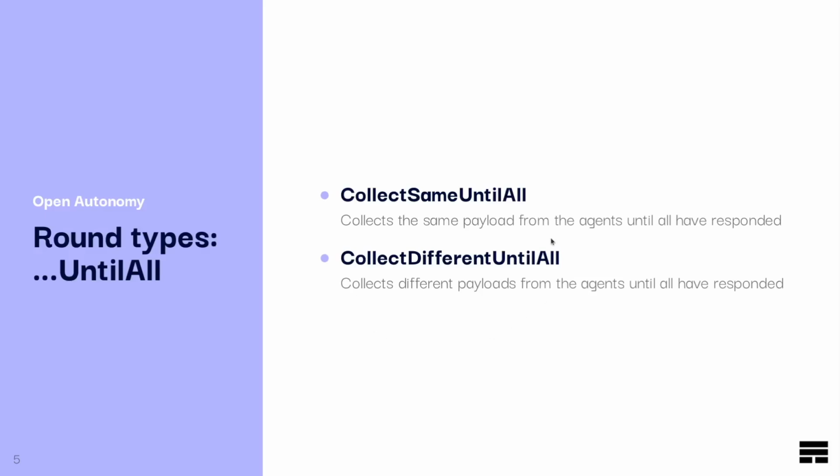These rounds are actually not recommended to be used in the general case on your autonomous service. Those rounds have a very specific and limited usage, and we recommend that you use some of the rounds that we will discuss in the next slides.